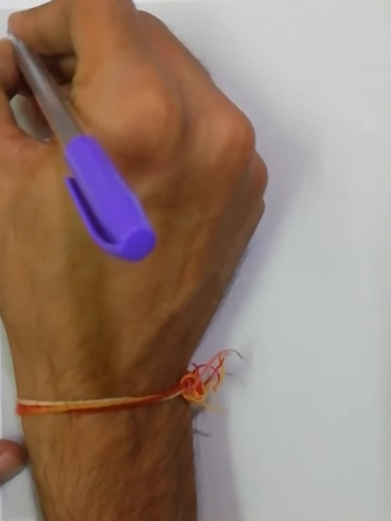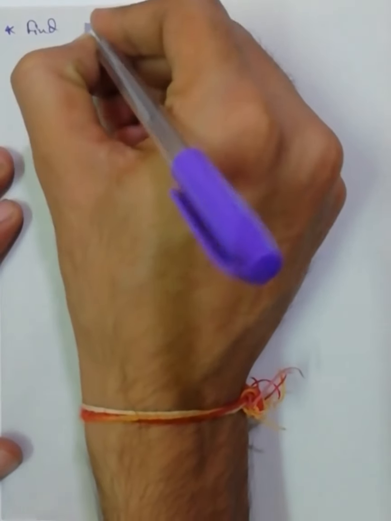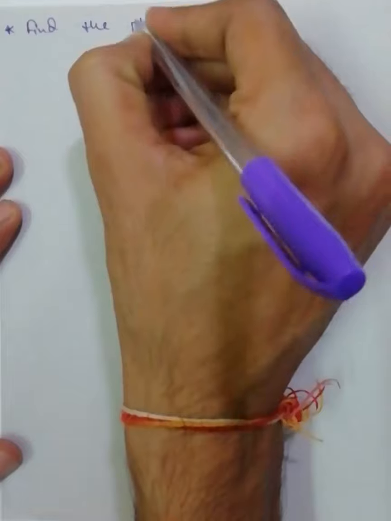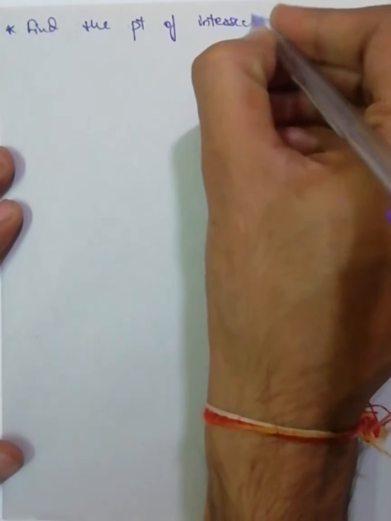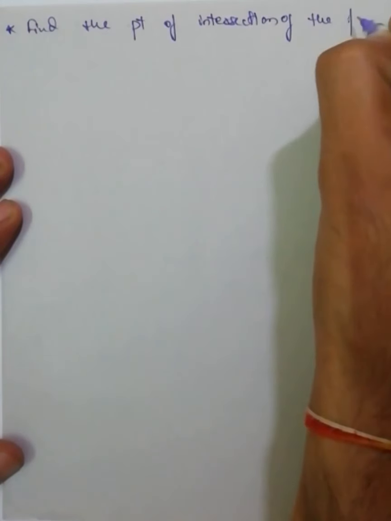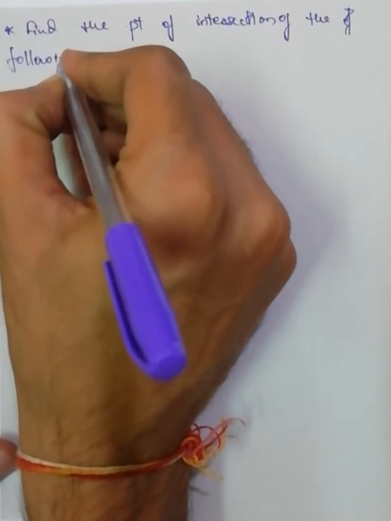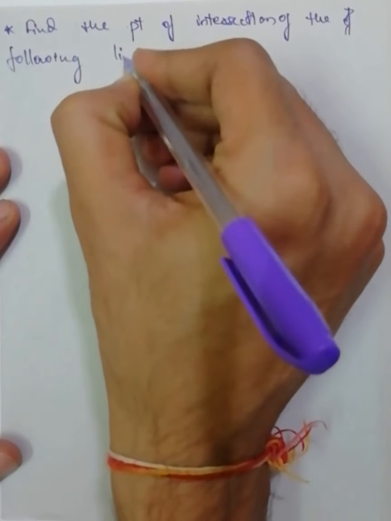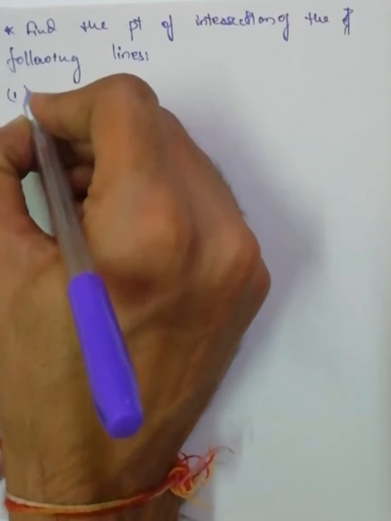Problem: find the point of intersection of the following lines.